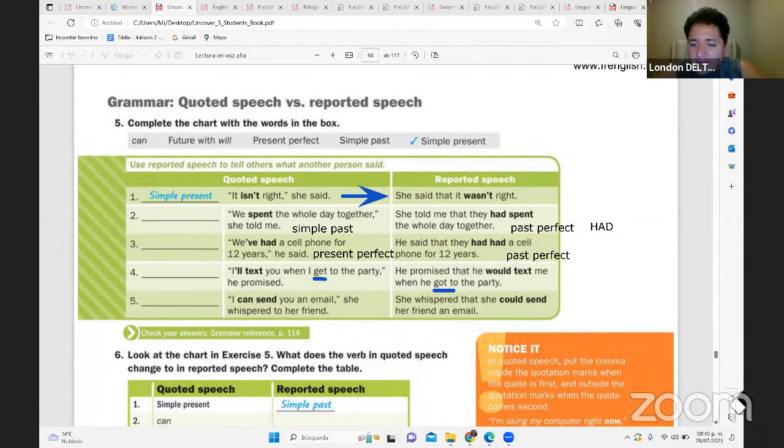Entonces sería Javier said that they, y will no lo cambiaste, will tiene que cambiar en reported speech. Igual promise en presente debe de cambiar.